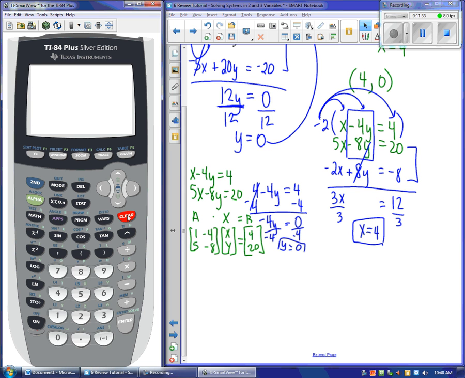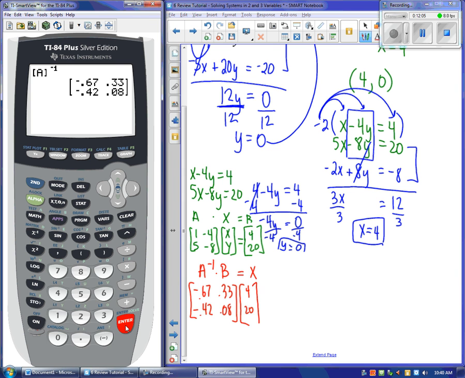If I want to find my A inverse matrix, I'm going to go to second matrix, choose matrix A, and then use my inverse button. When I press enter, it'll give me my A inverse. So A inverse times B is going to give me X. So A inverse is now negative 0.67, 0.33, negative 0.42, and 0.08. We already know my B matrix is 4 and 20, and my X matrix is x and y.